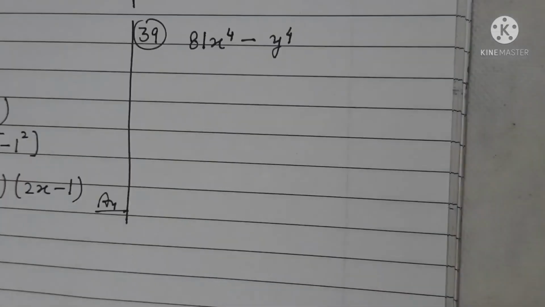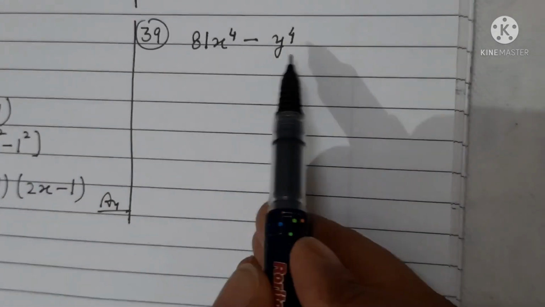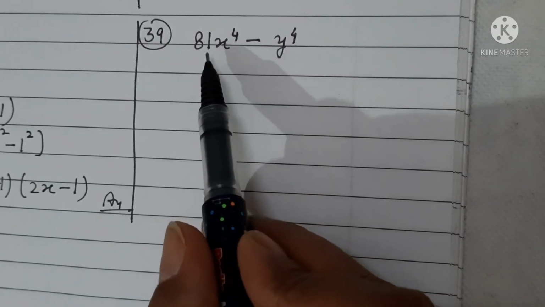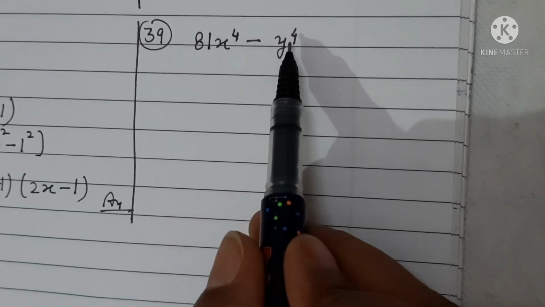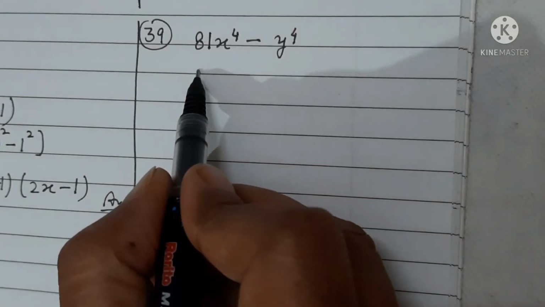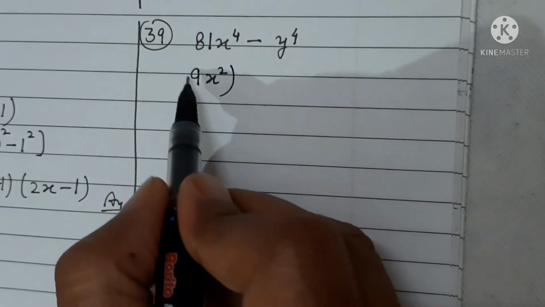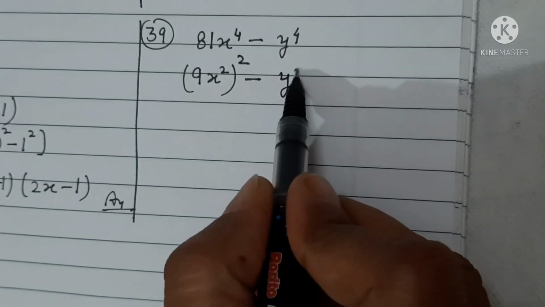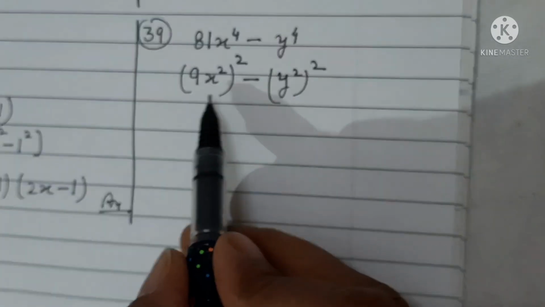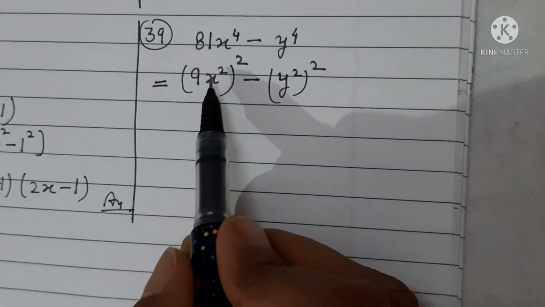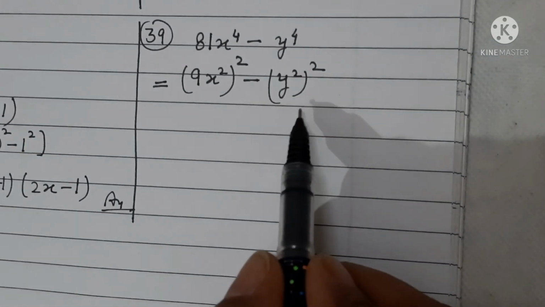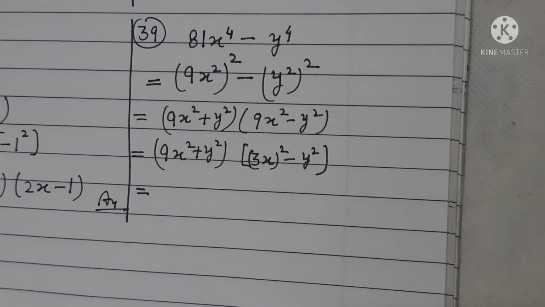Next question, 39. It is the same as question number 38. Make the squares. You can write it 9x square, because 9 times 9 is 81, square, minus y square whole square, and the identity is a square minus b square is equal to a plus b, a minus b, and solve it.